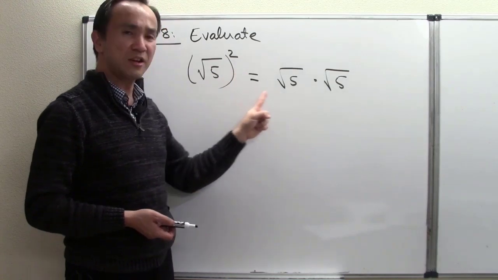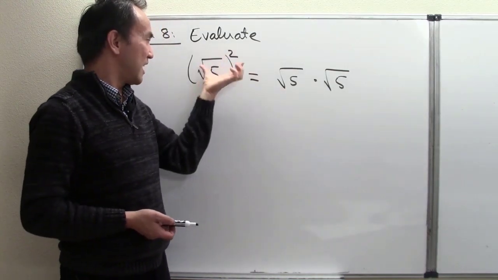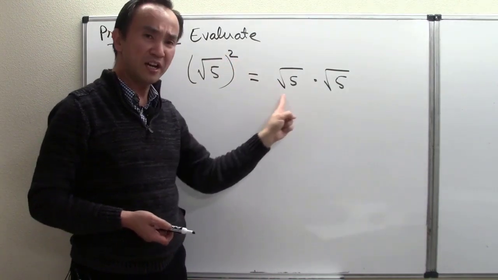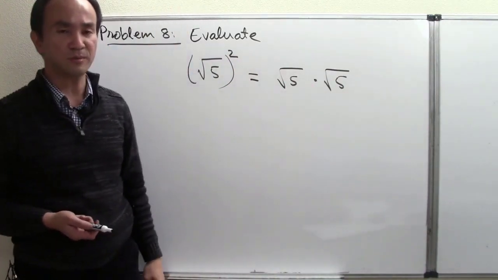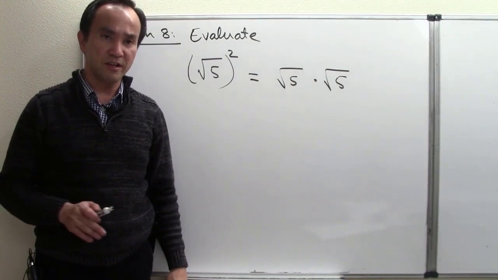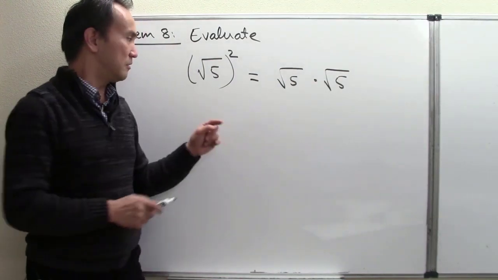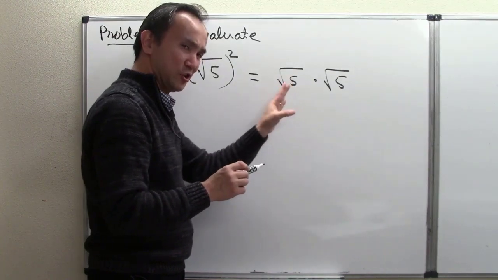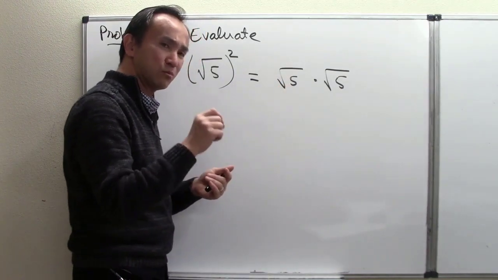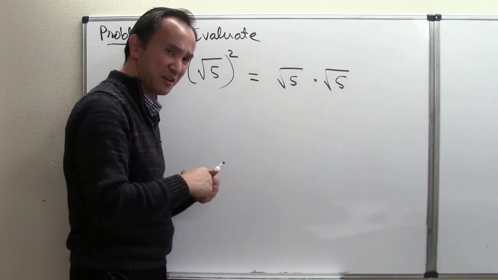That's why the only thing we can write is that this square is the same as two identical factors multiplied together. That's just the same algebra that you should have learned prior to entering this class. And it turns out that at this point we can actually use the product property in the backward way.